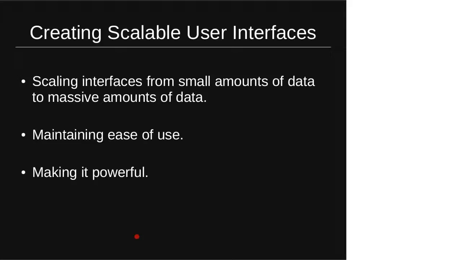So if you have 100,000, a million, or more users, how do you give an administrator, for example, an interface that allows them to do a lot with those users? We're talking bulk actions, finding the user that they want to find in a huge data set.